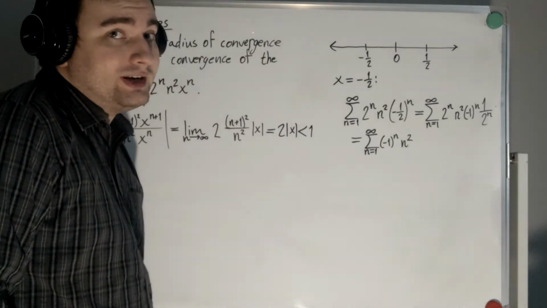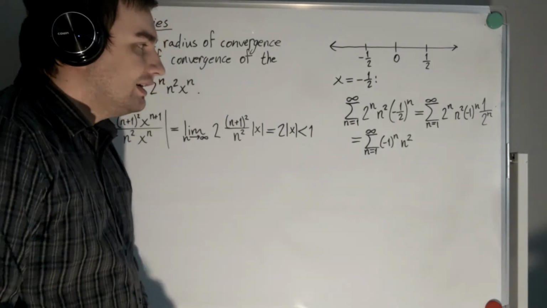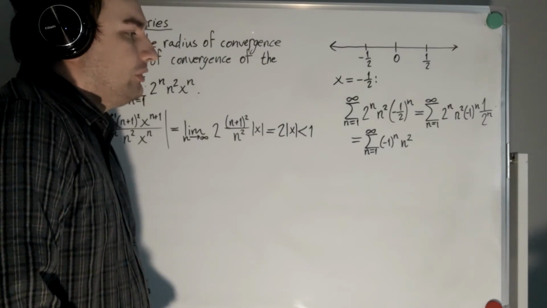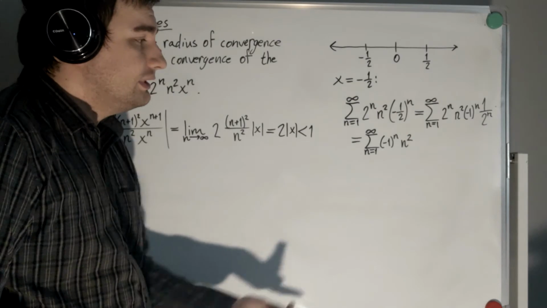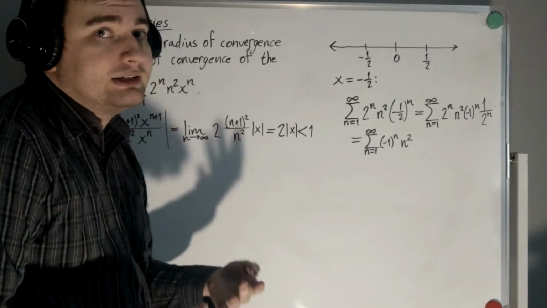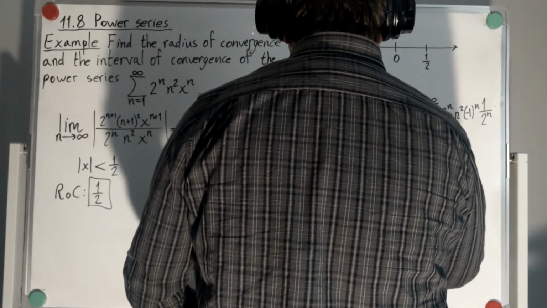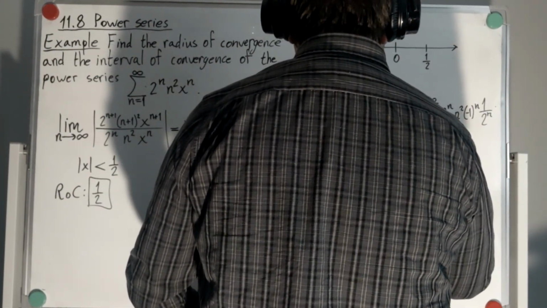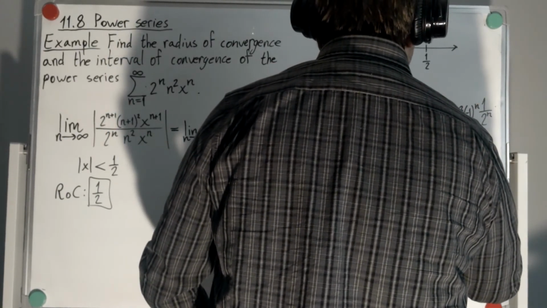Well, that's an alternating series, but it definitely doesn't pass the alternating series test. In fact, as n approaches infinity, n squared also approaches infinity. So the limit of the terms doesn't even exist. So by the test for divergence, this is divergent.